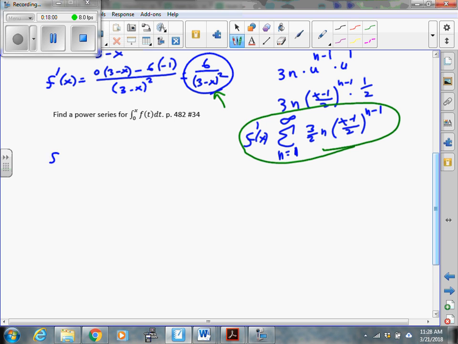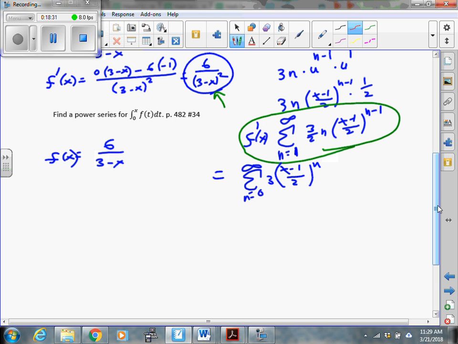My function was 6 over 3 minus x, and it's equal to its series, which was the sum from n equals 0 of 3 times (x minus 1 over 2) to the n. Okay, so now we're going to create a power series for the integration of those.